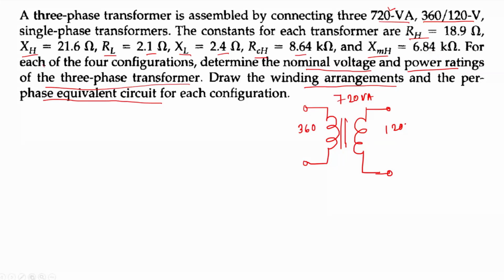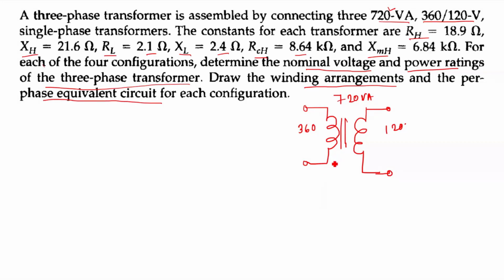RH equal to 18.9 and other parameters are given similarly. So using these parameters, we have to represent the per phase equivalent circuit, and we need to find the nominal voltages, power ratings, all these things.